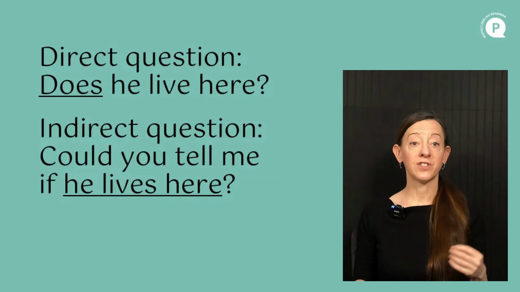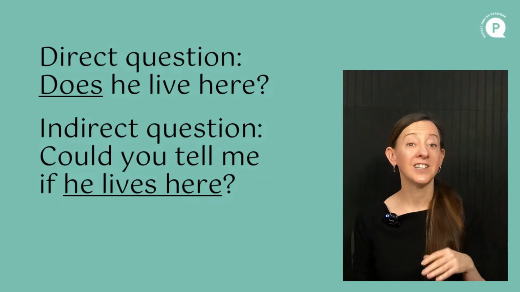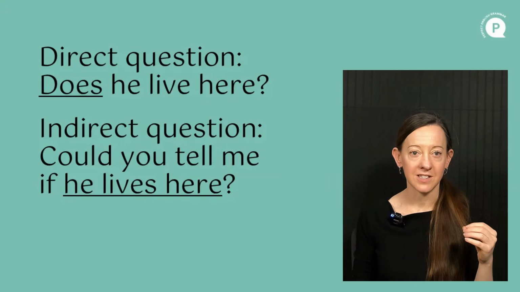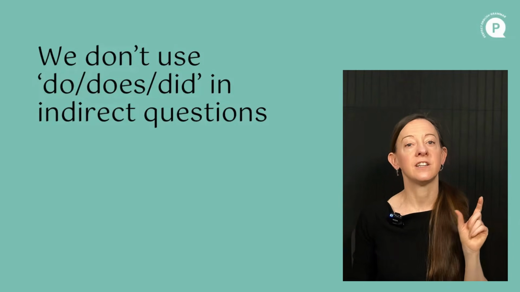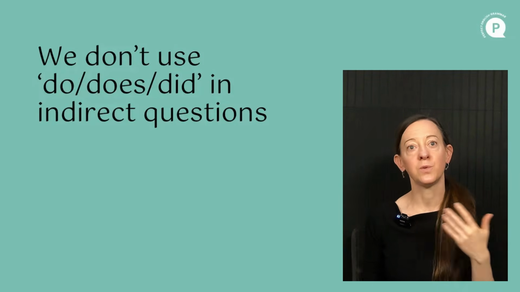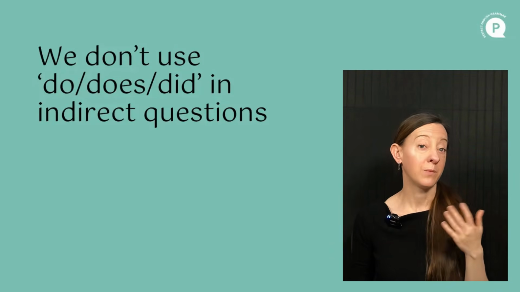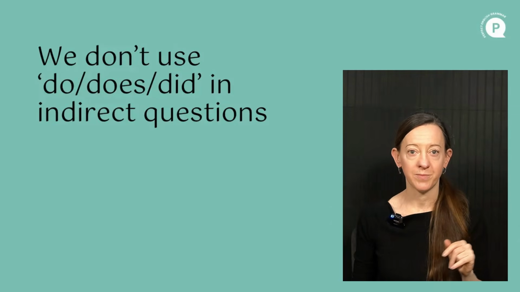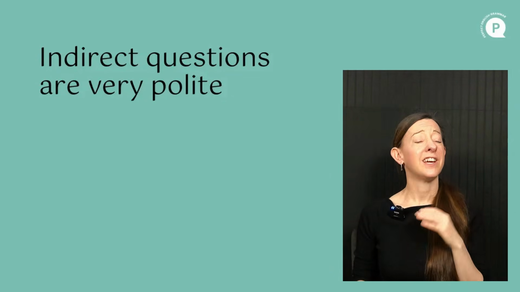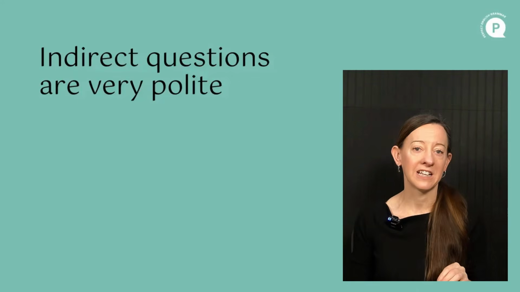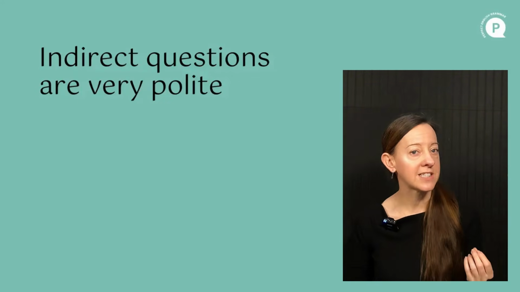The words after if, he lives here, are like a normal sentence. With indirect questions, we don't need the auxiliary verbs do or does or did that we need in a normal question. Indirect questions are a way of being polite.